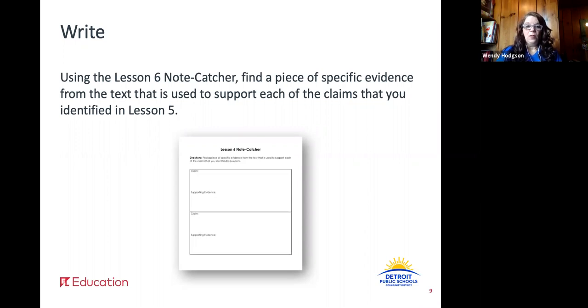And today you want to move those claims over to this new note catcher, lesson 6, and then write down the supporting evidence that the author provided to the reader about those claims. So 2 claims with supporting evidence.